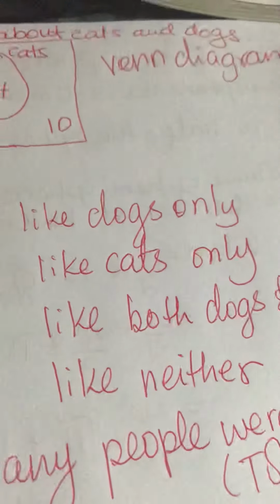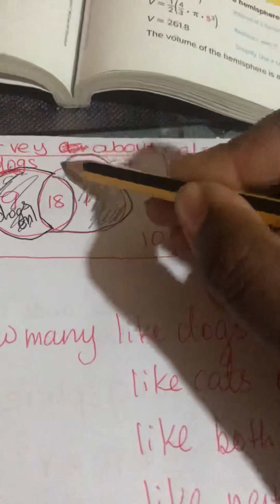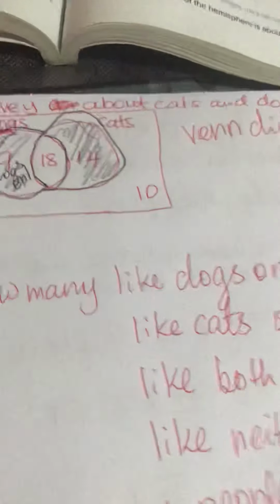Where's my pencil? Here. This part here is cats only, in this circle right here. So right here, cats only. This one is both.